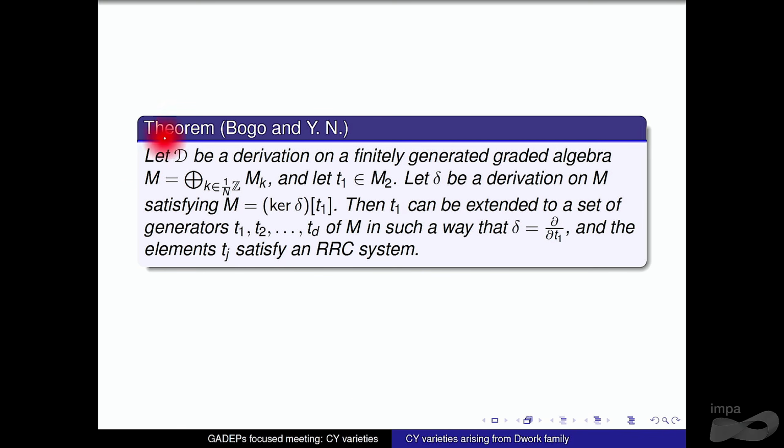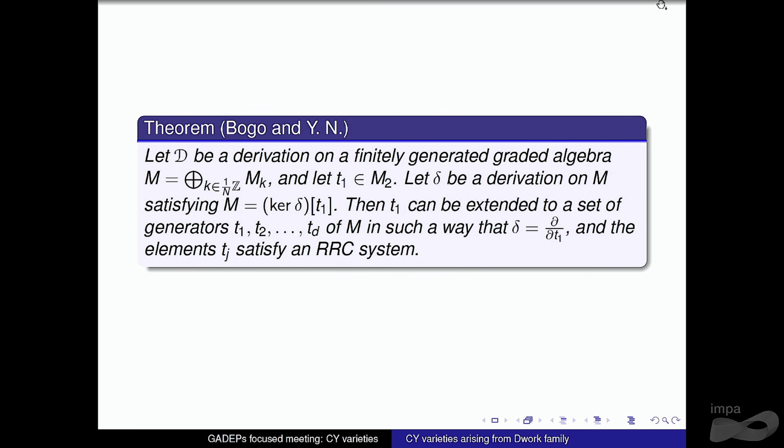Let's say we have a graded algebra with a derivation of degree 2. We have delta. Delta is a derivation such that our graded algebra can be written as polynomials in T1 with coefficients in the kernel of delta.